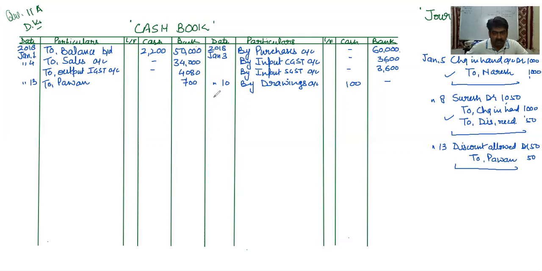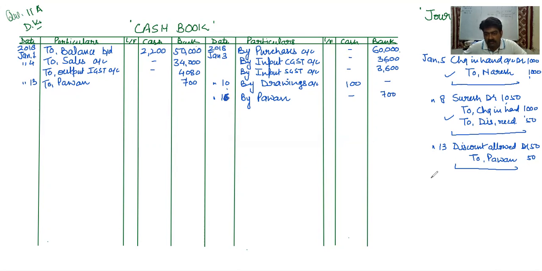So once again on January 13, Pawan debit to bank and to discount allowed. Discount which was allowed by us will be cancelled automatically. So by Pawan, and treatment will come in bank column. And for this, actually this date is January 16.